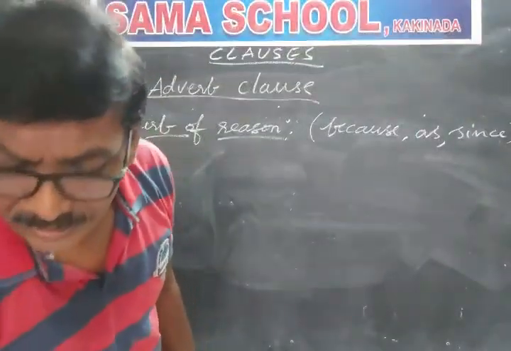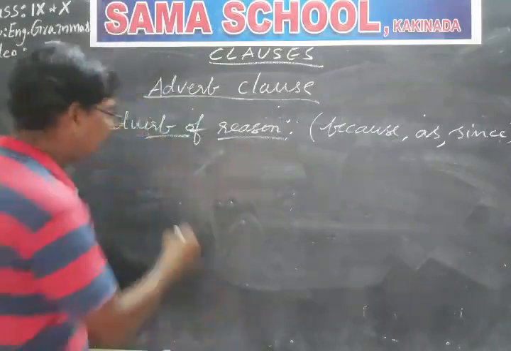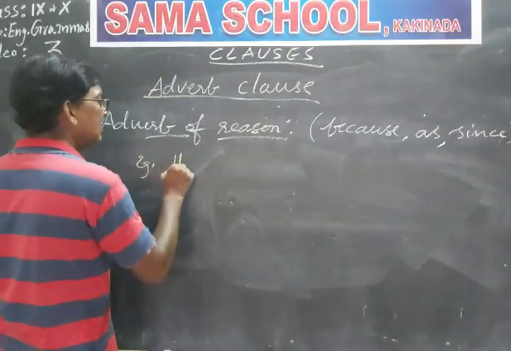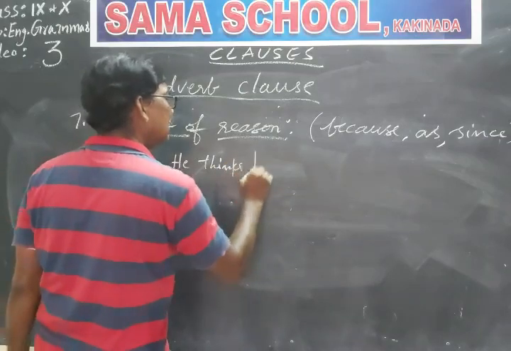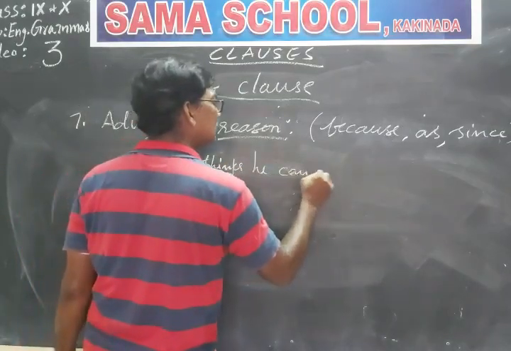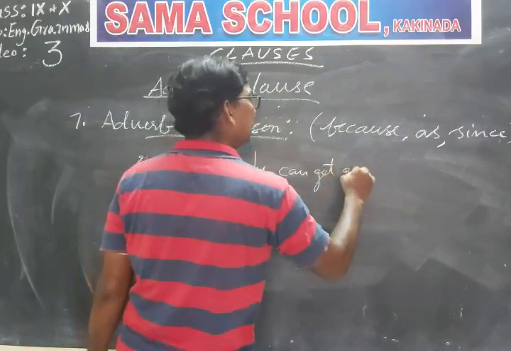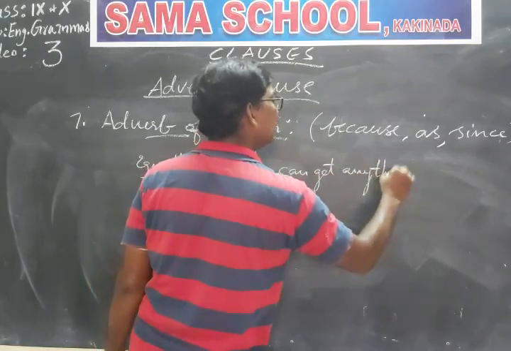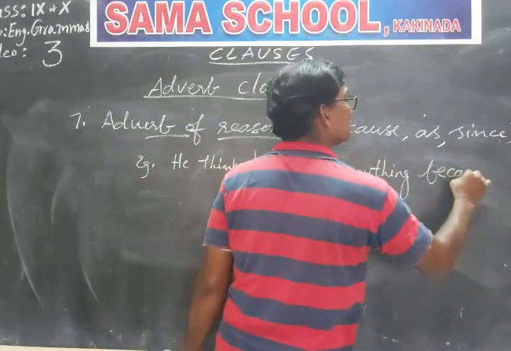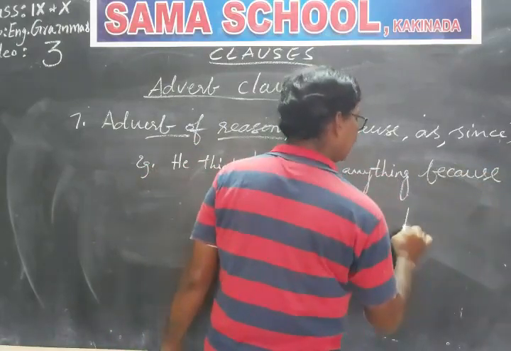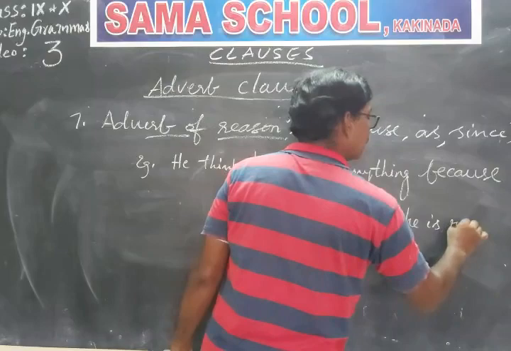Example చెప్తాను చూడండి. He thinks he can get anything. He thinks he can get anything. Because he is rich.